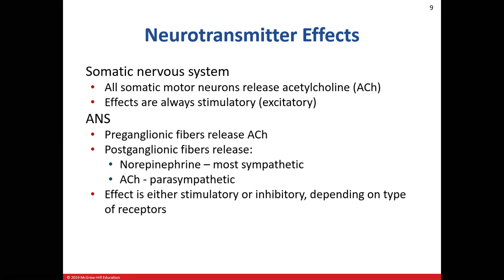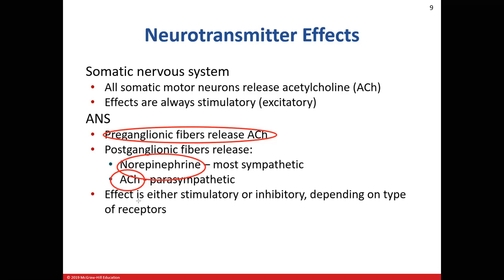In the ANS, our preganglionic fibers are going to release acetylcholine. Our postganglionic fibers are going to release two different types of neurotransmitters. In the majority of the sympathetic system, the postganglionic fibers release norepinephrine. In our parasympathetic system, our postganglionic axons are going to release acetylcholine.